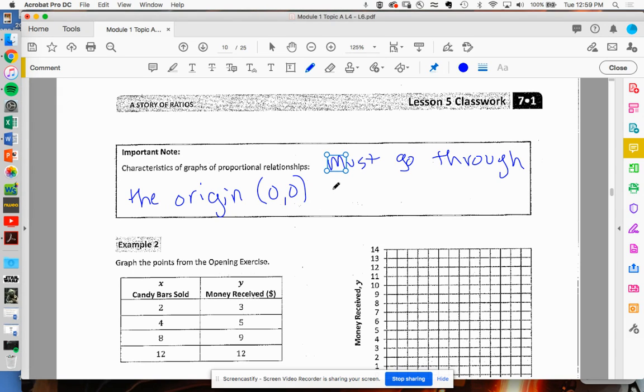Must go through the origin and, which that's my and symbol. You might do a different and symbol, doesn't matter. Whatever they taught you for and, that's what they taught me. And what does the points need to appear to be on? Straight line. You bet. Must go through the origin and be a straight line.